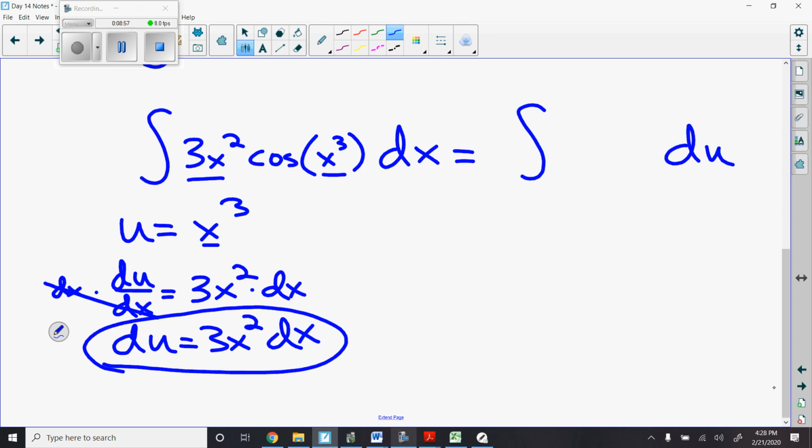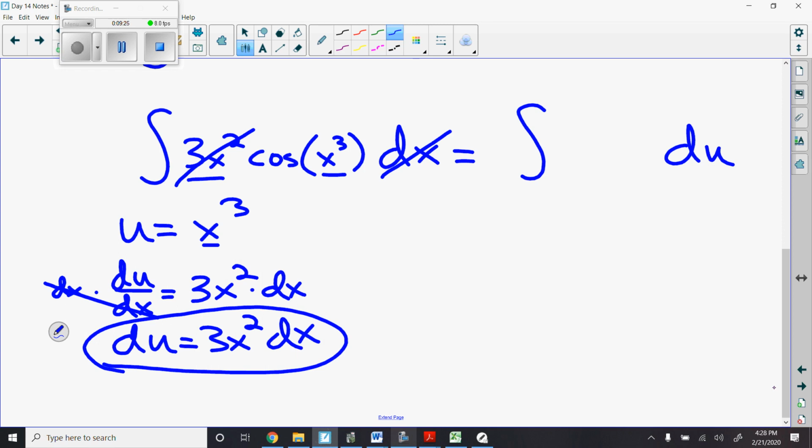So putting that du into the integral substitutes out for the 3x squared and the dx. I like to cross those things off to know that I have accounted for them. So du is equal to 3x squared dx, so I can just replace the 3x squared dx part of that integral with du.